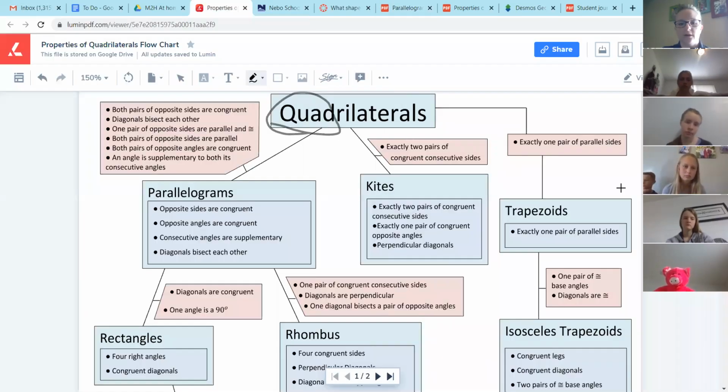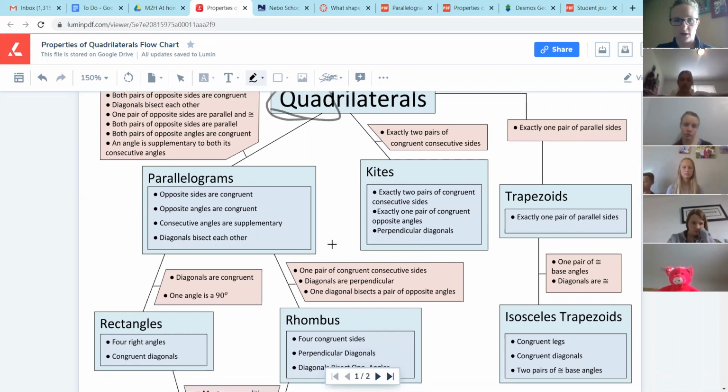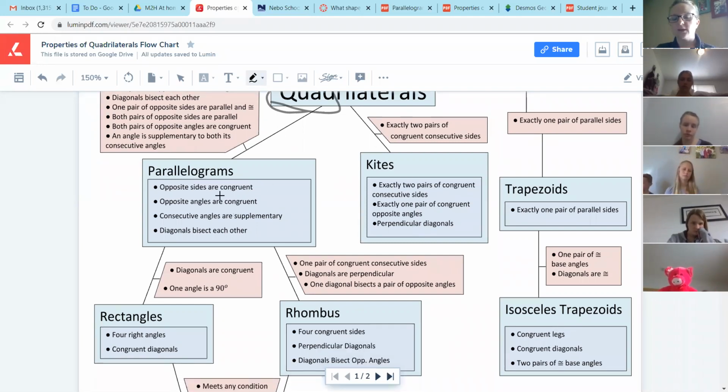Okay. All right. So when we're looking at the notes page, let me explain this really quick. In the blue-ish colored boxes, you get just in general properties of a parallelogram or properties of a rectangle, properties of a rhombus, whatever.